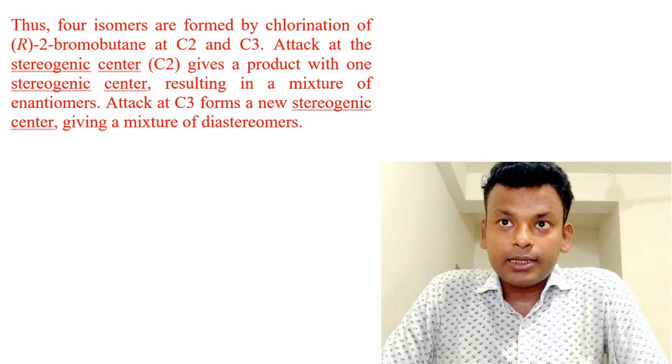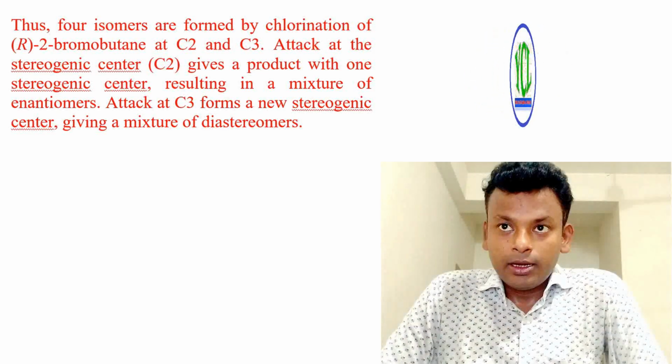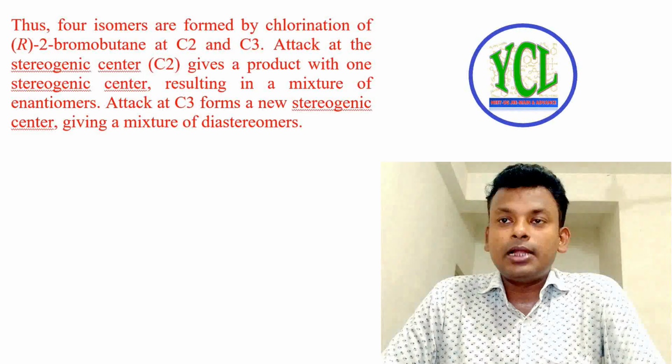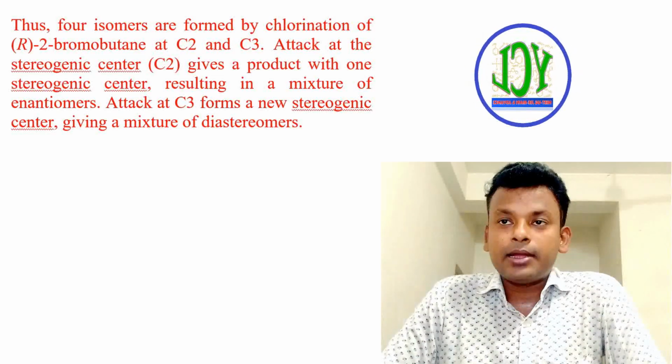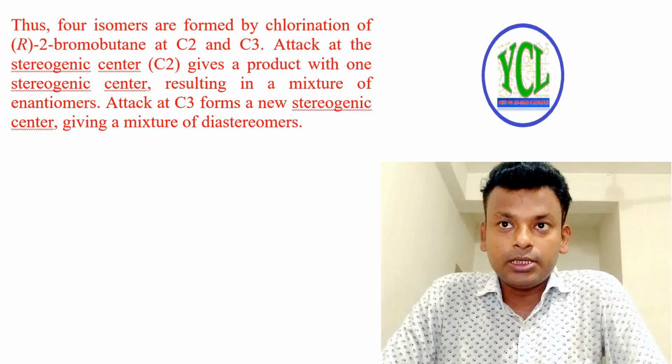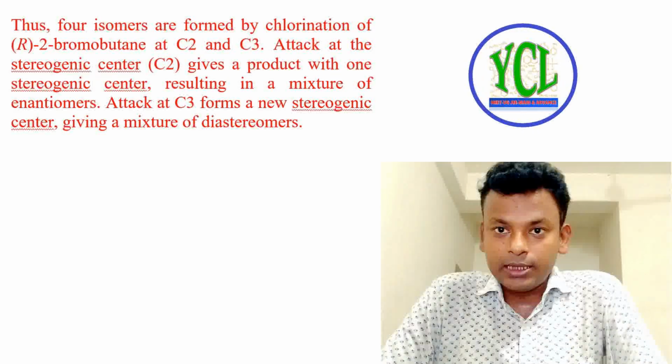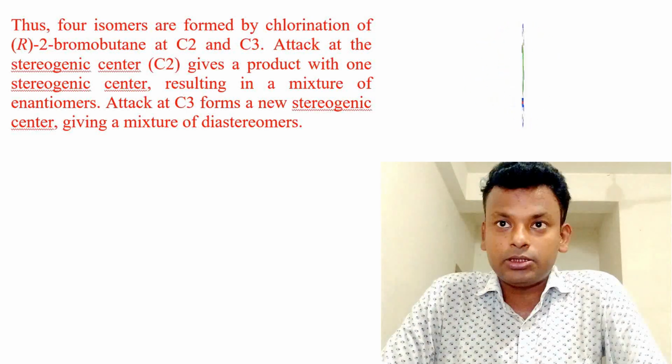Attack at the stereogenic center, C2, gives a product with one stereogenic center, resulting in a mixture of enantiomers, and attack at C3 forms a new stereogenic center, giving a mixture of diastereoisomers. One is enantiomer and the next is diastereoisomer.